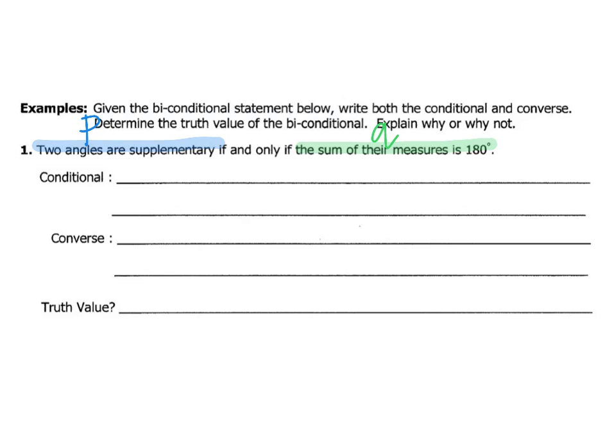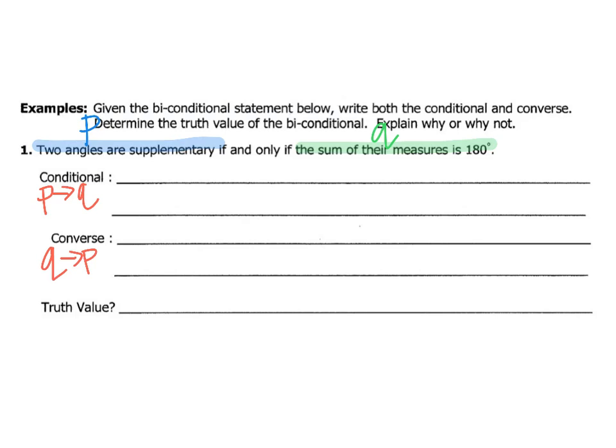Now we need to remember the symbolic form for conditional and converse. Conditional is just if P, then Q. Converse is when we switch them: if Q, then P. Now let's write out both statements.